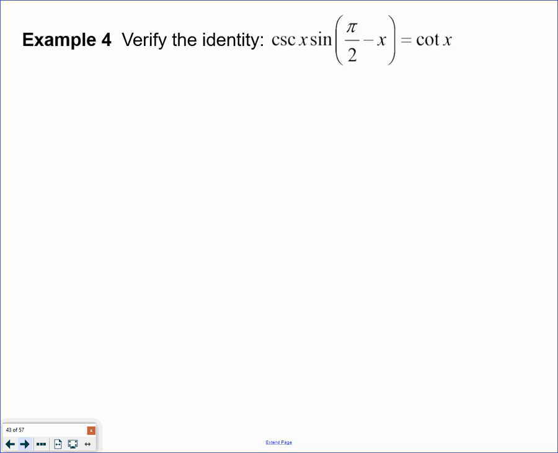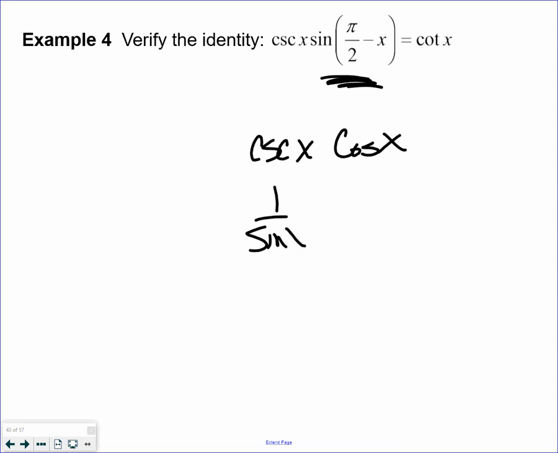So here we go. I know that the right-hand side is cotangent x, so I'm going to work on the left-hand side. This is a phase shift. Cosecant x, a phase shift of 90 degrees, is cosine x. Remember, every single time I see a cosecant or a secant, I usually change it into sine or cosine.